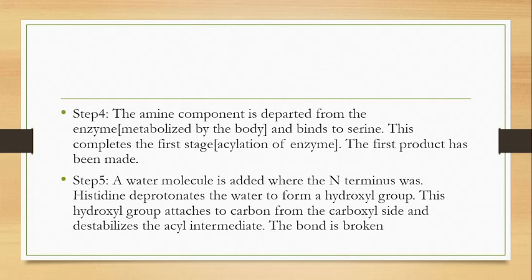In step 5, a water molecule is added where the N terminus was. Histidine protonates the water to form a hydroxyl group. This hydroxyl group attacks the carbon from the carboxyl side and destabilizes the acyl intermediate. The bond is broken.